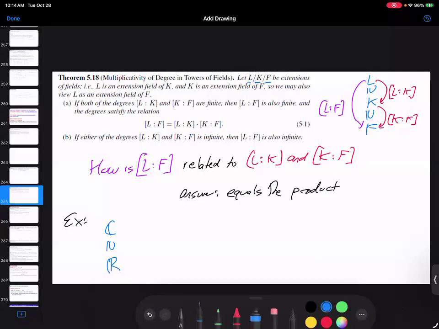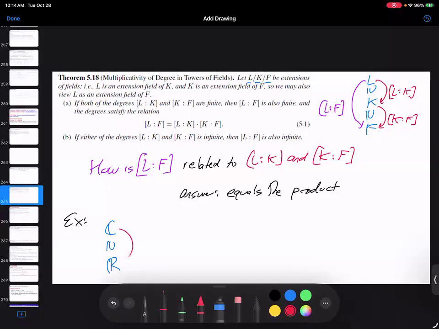So what do you think the degree of the complex numbers over the reals would be? Given some z in C, I want to write z as R1 C1 plus ... plus Rn Cn.